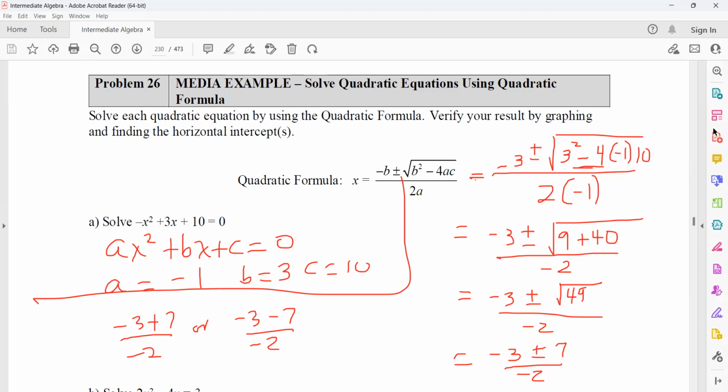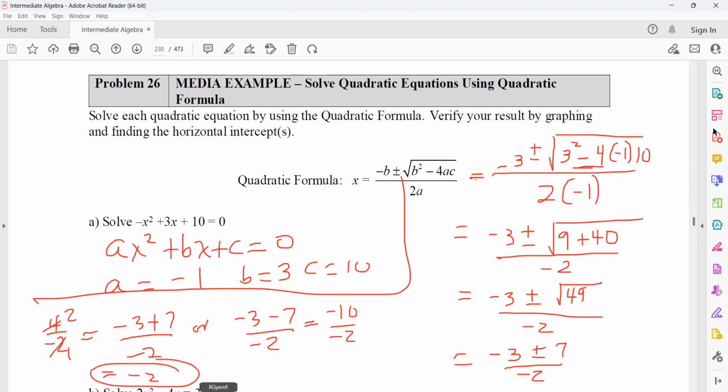So negative 3 plus 7 is positive 4 over negative 2. Here we have negative 10 over negative 2. So my x is going to be, here I have negative 2.